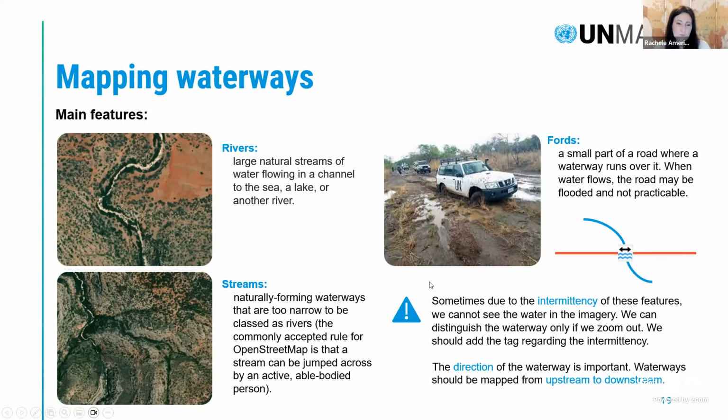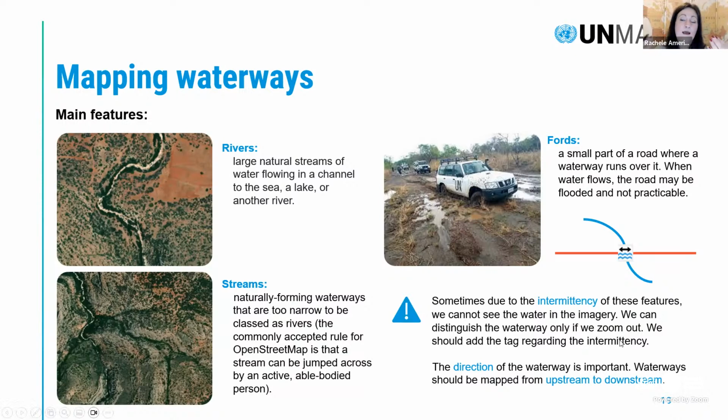Another important information is, as we were saying, that sometimes these waterways are not permanent. They don't carry water during all the year. So they are not very easy to spot. Sometimes we say, okay, this is vegetation, or no, okay, this is a stream.